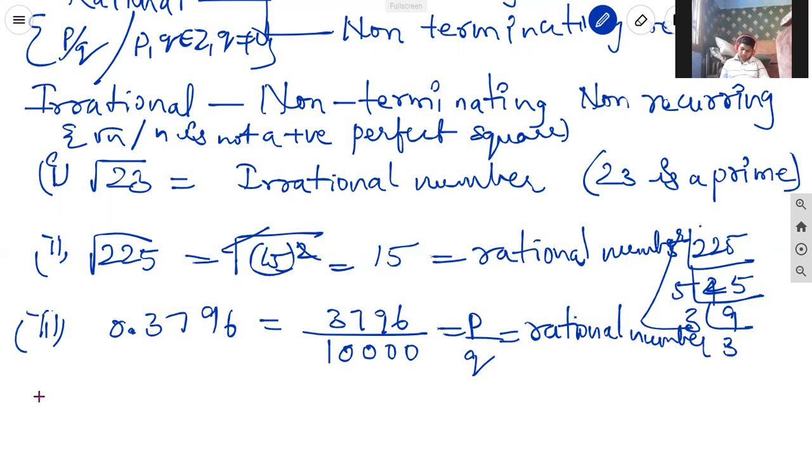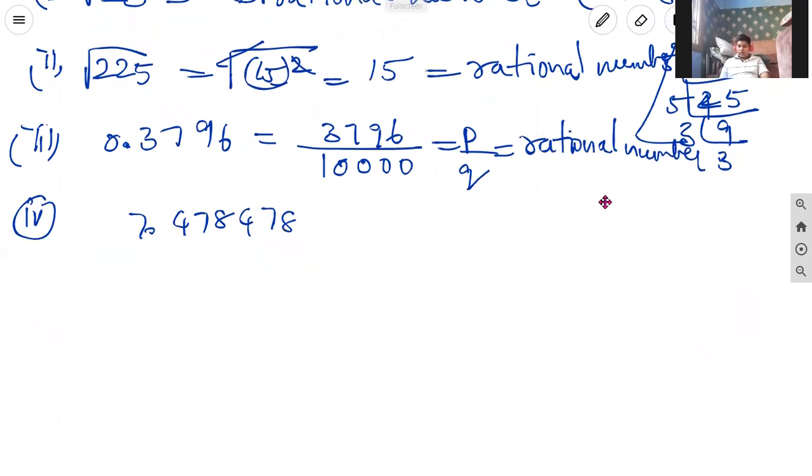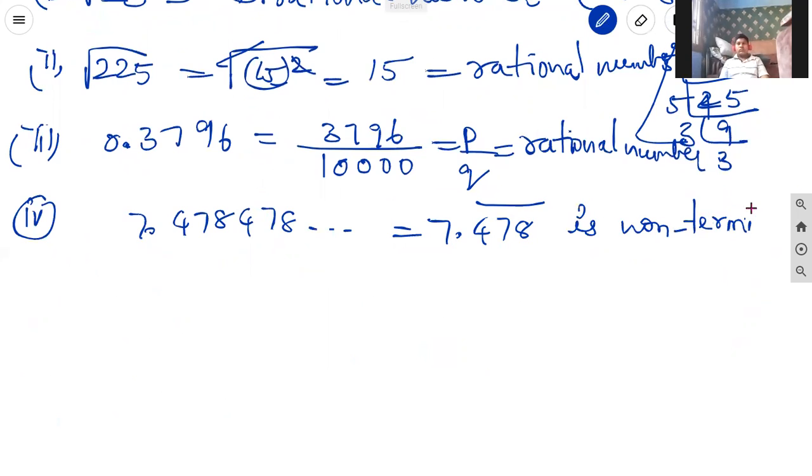Next, the fourth one, 7.478478. Observing that number, it is repeated: 478, 478, and so on. That is 7.478 bar. What is this? It is a non-terminating, recurring decimal expansion.